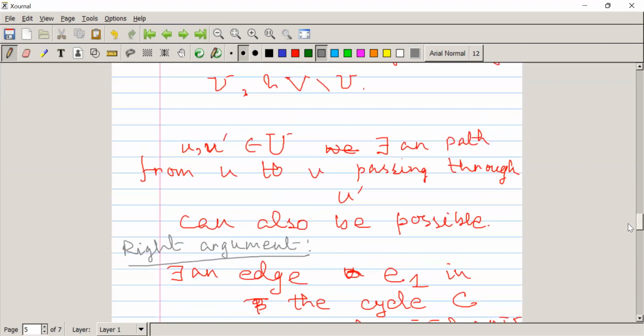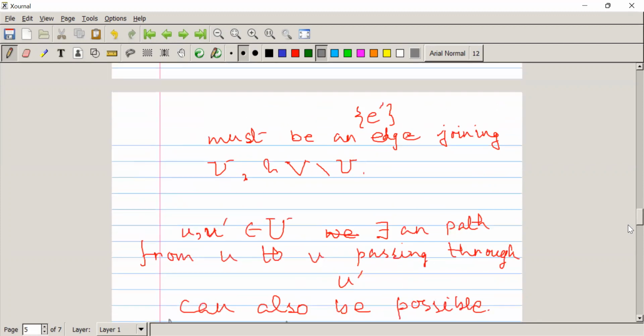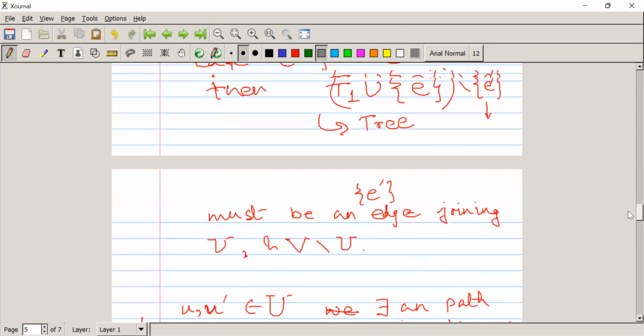Why is it right and why was the previous one not correct? Do you understand? Is it clear now?